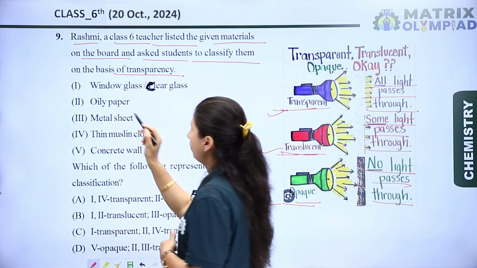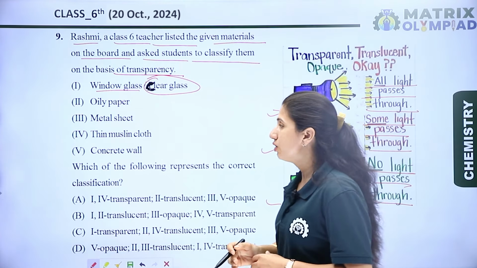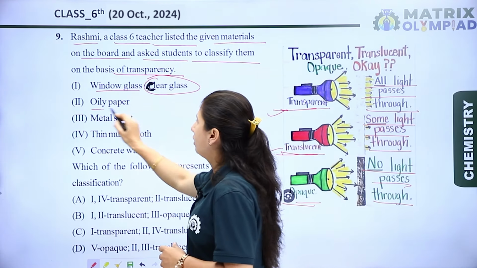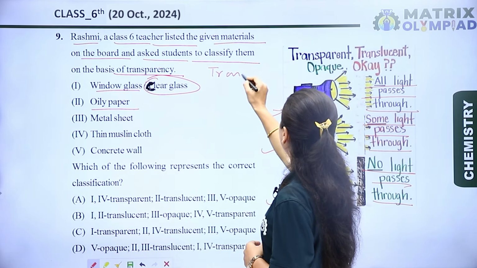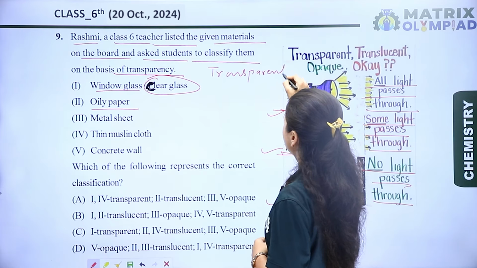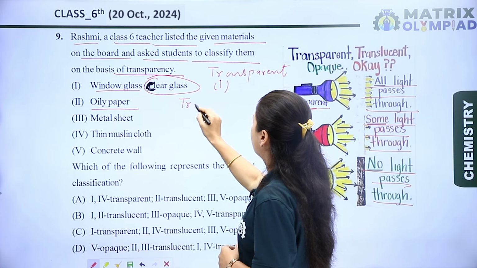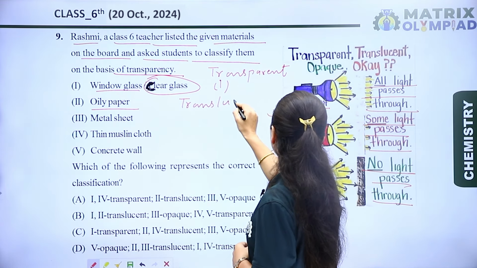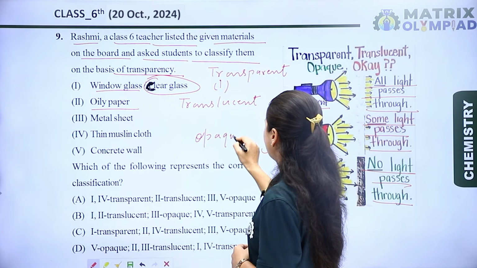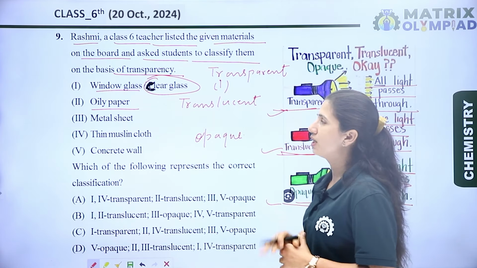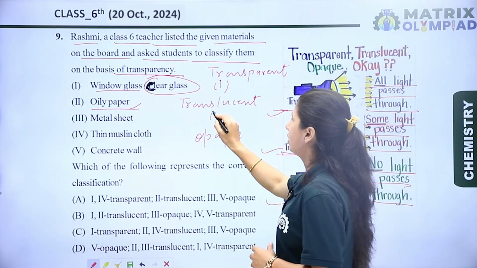So let's see the options. The first is window glass, or we can say clear glass. The clear glass is a transparent substance. The oily paper is translucent in nature.